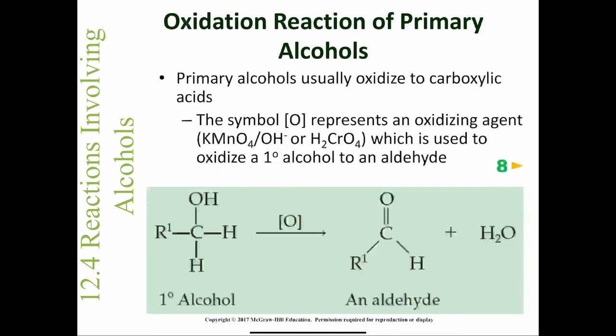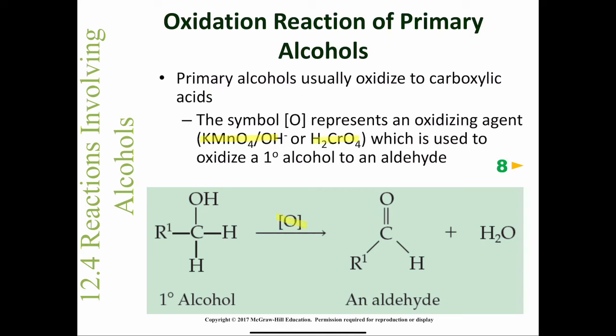Alcohols may be oxidized with a variety of oxidizing agents to aldehydes, ketones, and carboxylic acids. The most commonly used oxidizing agents are solutions of basic potassium permanganate and chromic acid. We represent basic potassium permanganate like so. And this is the molecular formula for chromic acid.